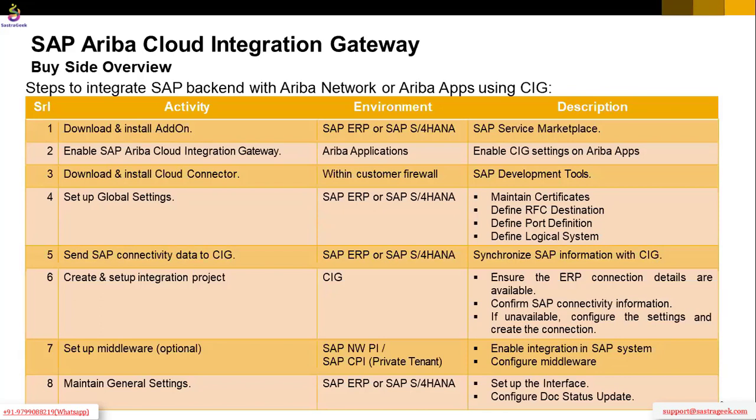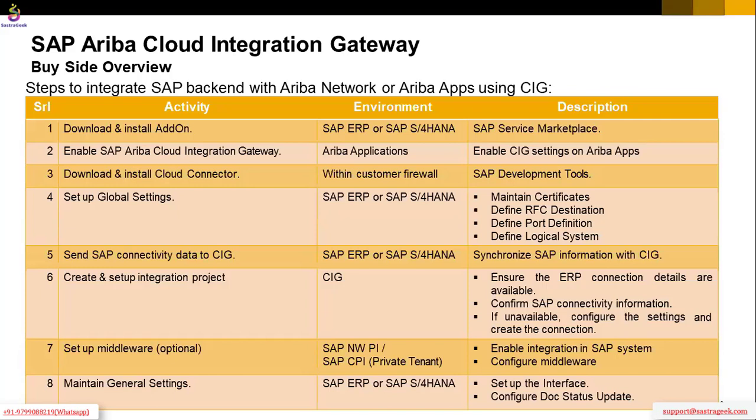Why? Whatever tools or integration mechanism we are going to use to integrate our solutions, we are going to use the CIG to integrate SAP Ariba with our backend SAP system, our S/4HANA system. So in that case, we need to perform some CIG specific configuration, and some Ariba specific configuration as well.